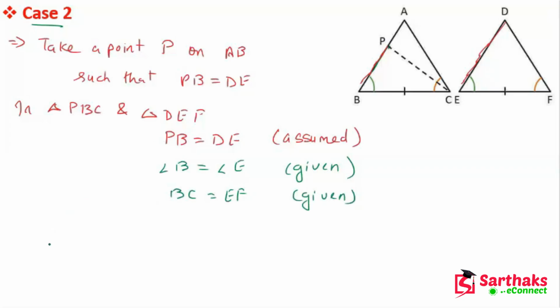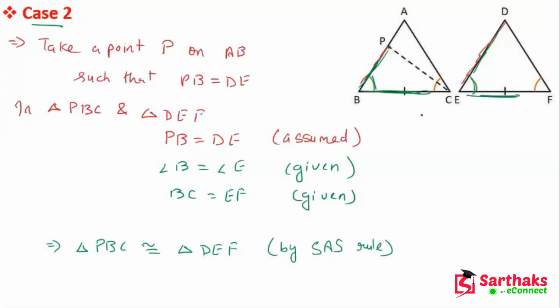So we can say that triangle PBC is congruent to triangle DEF by the side angle side rule. Here we have two sides and the angle between the two sides, so this is the side angle side rule.